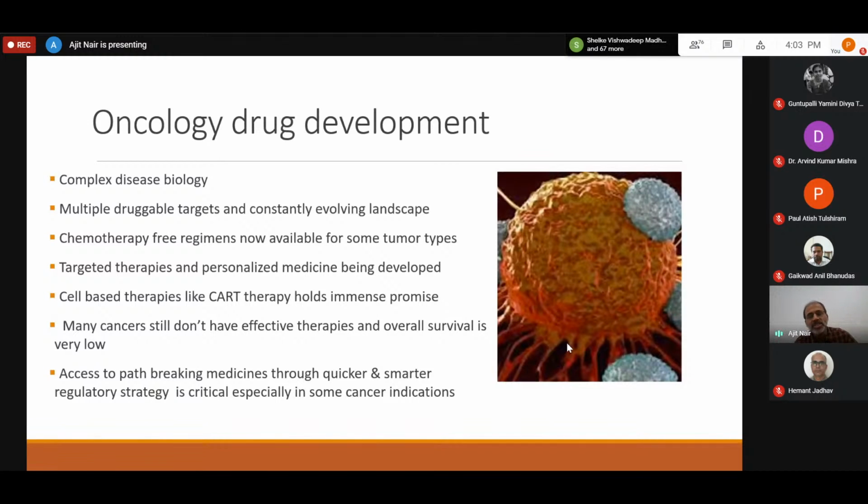At the same time, the regulations should not be so bureaucratic or so tight, and regulators can do some out-of-the-box thinking so that medications don't have to run through the standard approval process, and cancer drugs get approved quickly so that they reach the patient who needs them much faster. As against other conditions like diabetes and hypertension, where they may follow a standard pattern of regulatory review and approval, for oncology indications with difficult-to-treat diseases, you obviously need something which is path-breaking. And I'm going to talk about that.